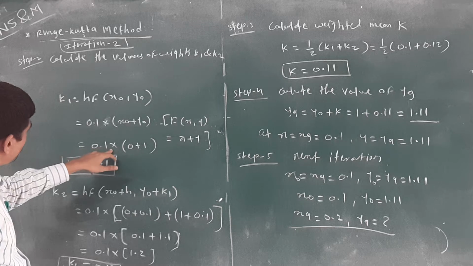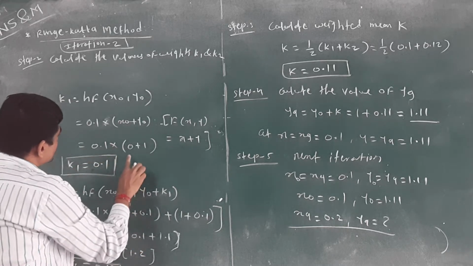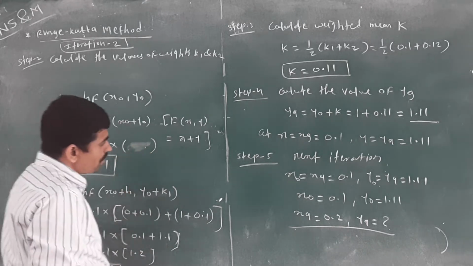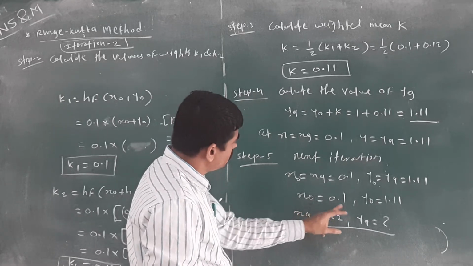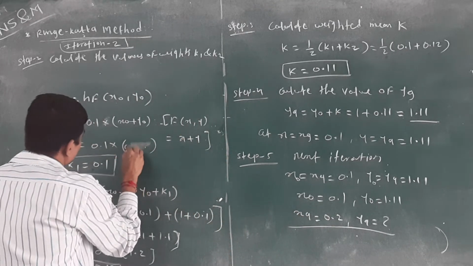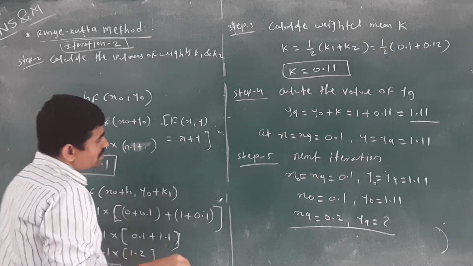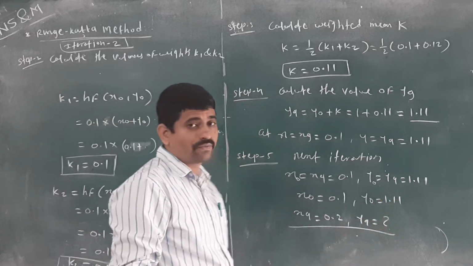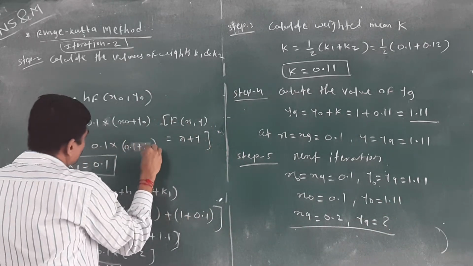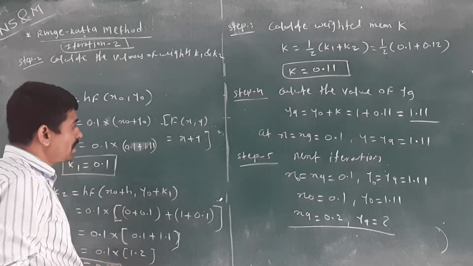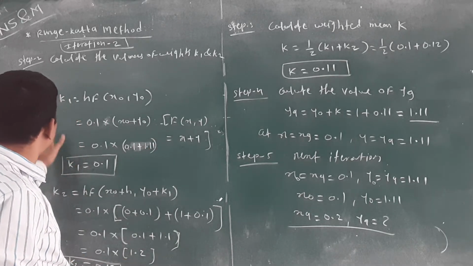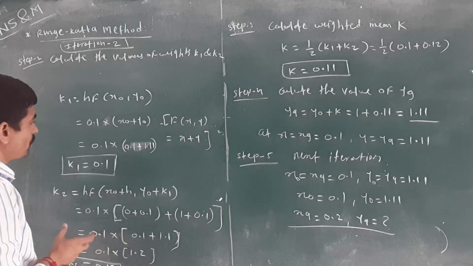Here we want to change that. What is the value of x0? x0 is 0.1, and what is the value of y0? 1.11. Here you have to only change. Yes, all of you getting how we can calculate the value for iteration 2?